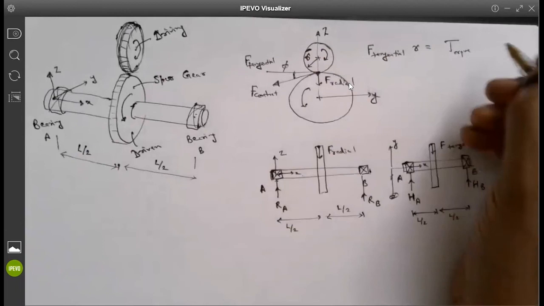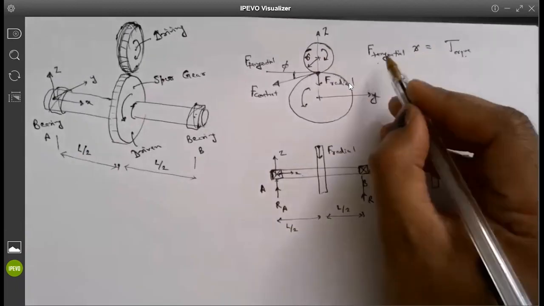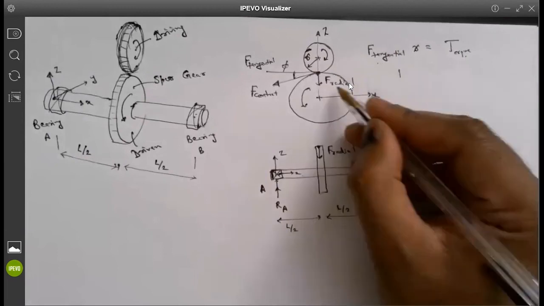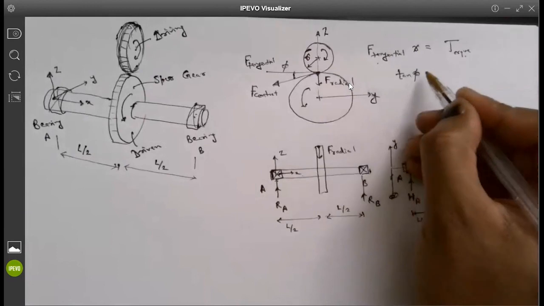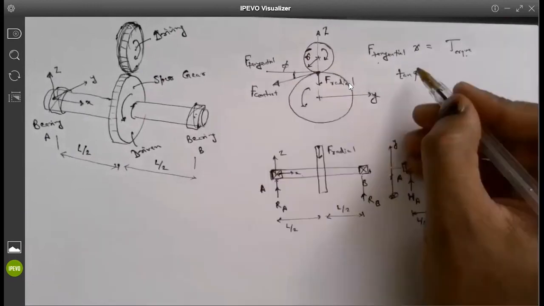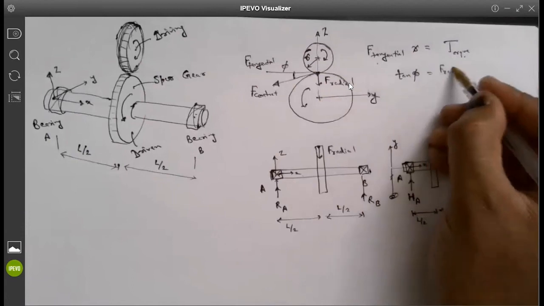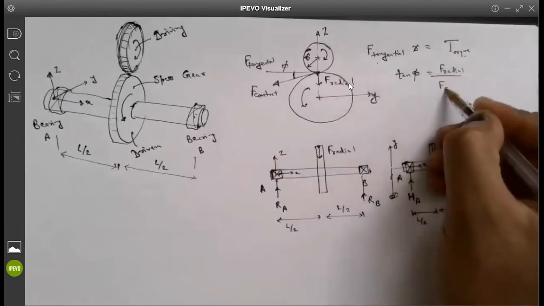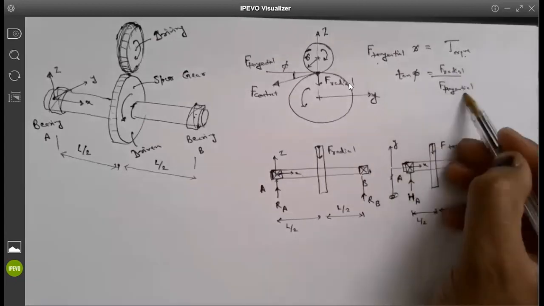So if you know the radius and the torque, you can compute the tangential force. Once you know the tangential force, you can calculate the radial force as well, because tangent of phi, the pressure angle, which is generally 20 degrees, is F radial divided by F tangential. So you know how to calculate this. Everybody knows this. You can calculate radial force and tangential force.